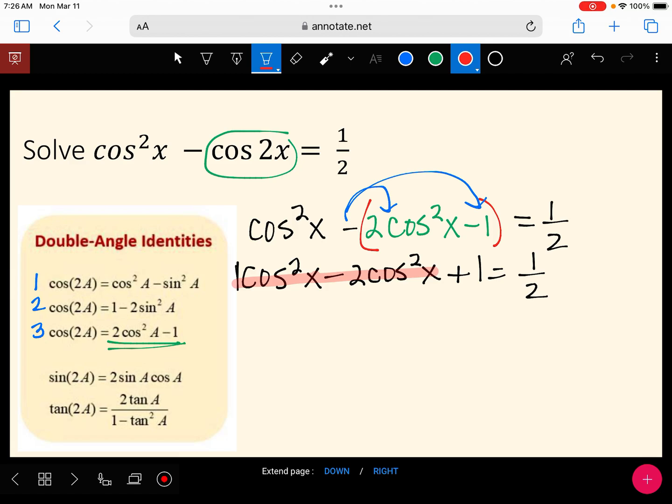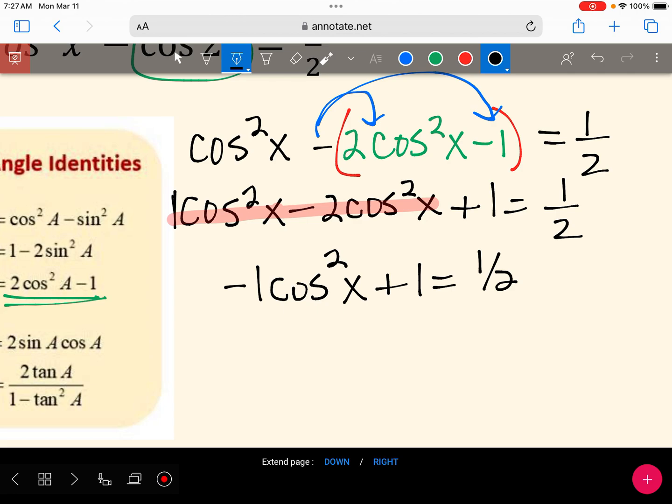Did you want me to do the u substitution? Is that helpful if I rewrite it with the letter u? Or does it not matter? Okay. All right, so I have 1 minus 2, which is negative 1 cosine squared. And then we're going to subtract the 1.